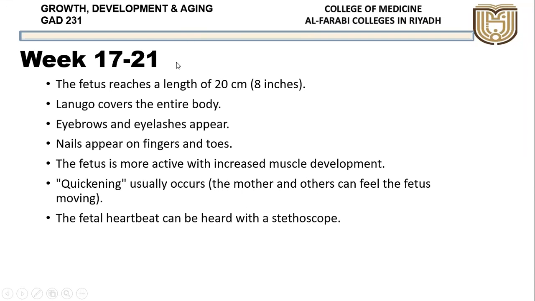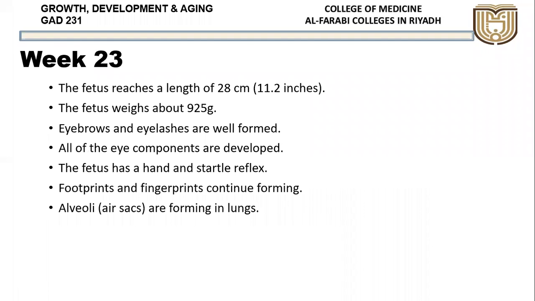By the 17th to 21st week, it has grown up to 8 inches, and you can see the lanugo hair on the entire body, and even the eyebrows and eyelashes. There will be appearance of the nails. Okay, and the fetus starts showing movement, called quickening, and you can hear the fetal heart sounds through the stethoscope.